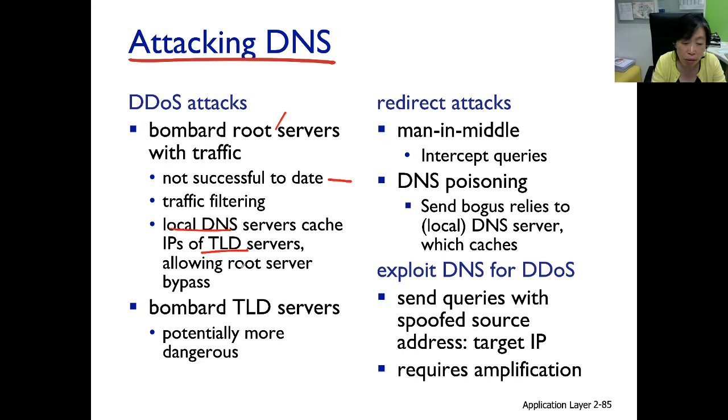This allows the local servers to bypass the root server entirely, so there's not much traffic going to the root. If the zombie machines send a lot of queries, chances are high that they'll only go to the TLD instead of the root. Not to mention that one could set up firewalls nearby the root servers, so those very few root servers are well protected in a way.